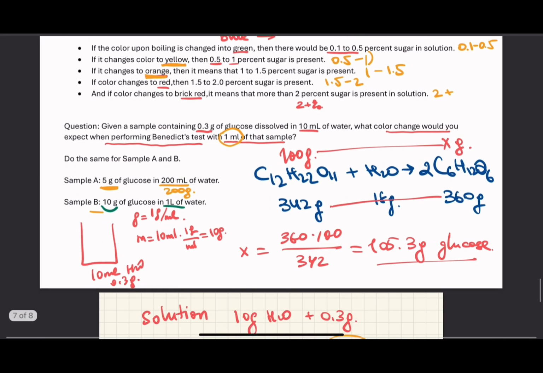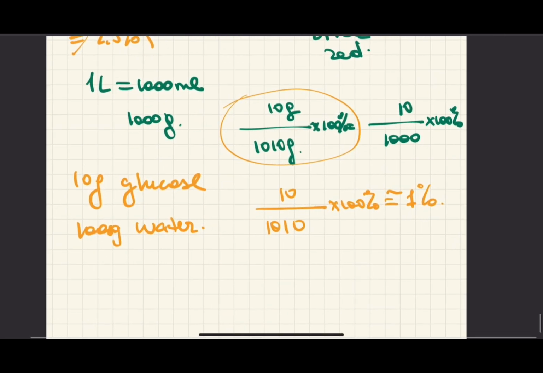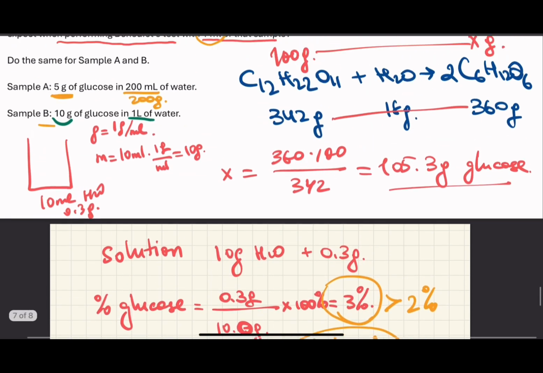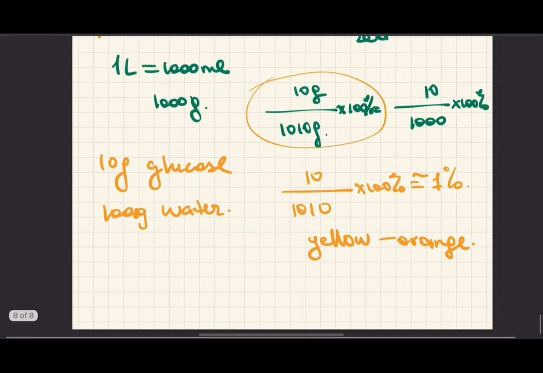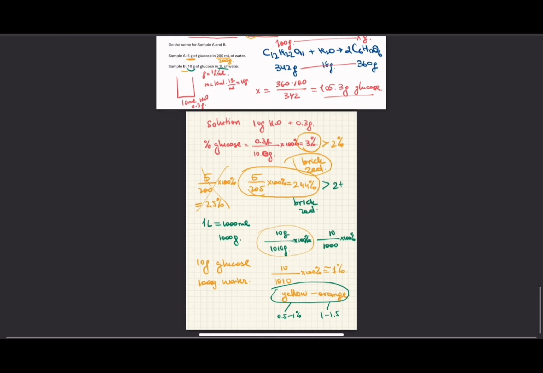So because it falls exactly at the boundary, we're going to say the color is going to be yellow to orange, and you need to justify: the reason is that from 0.5 to 1% it is yellow, and then 1 to 1.5% it is orange. So it is like a yellow orangish color, the combination of both.